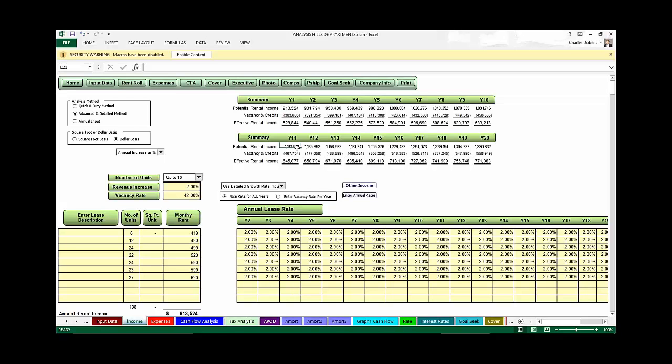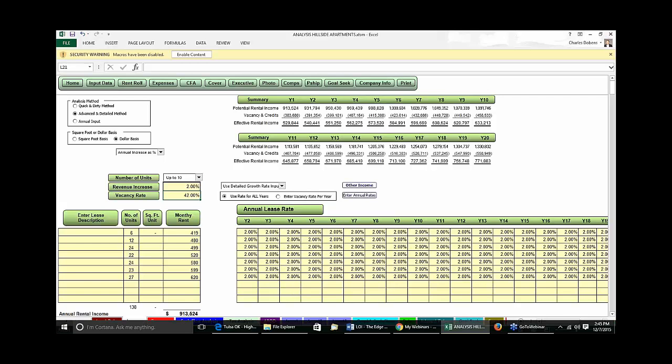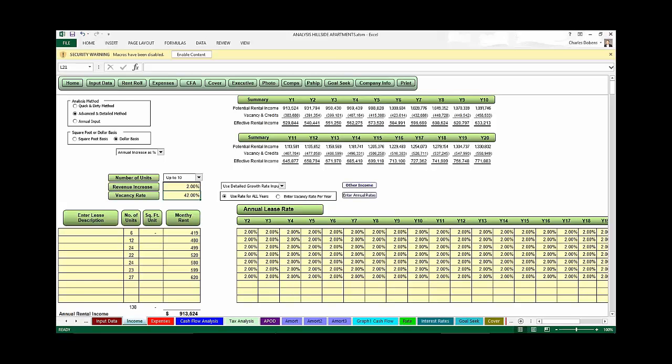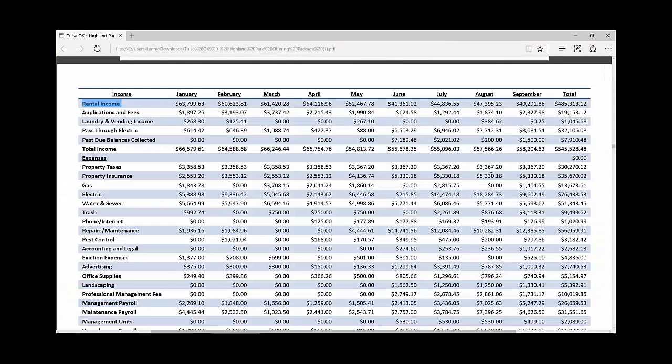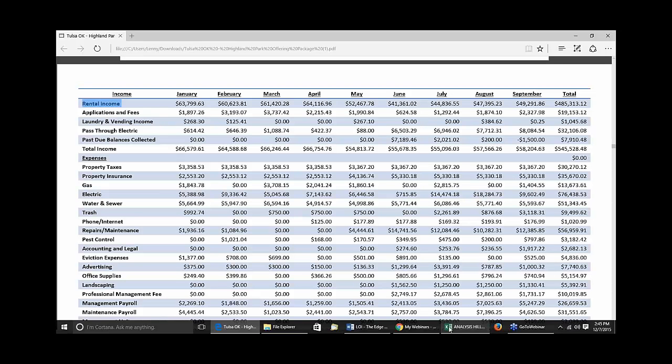Oh, you know what? I was looking at year 11. Oh my gosh, I'm so sorry. Let's try this again. We have to get that number back up to that 6, what did we say? It was 913. I'm sorry, guys. Let me do this again here. 485,313 divided by 9 times 12, 647.